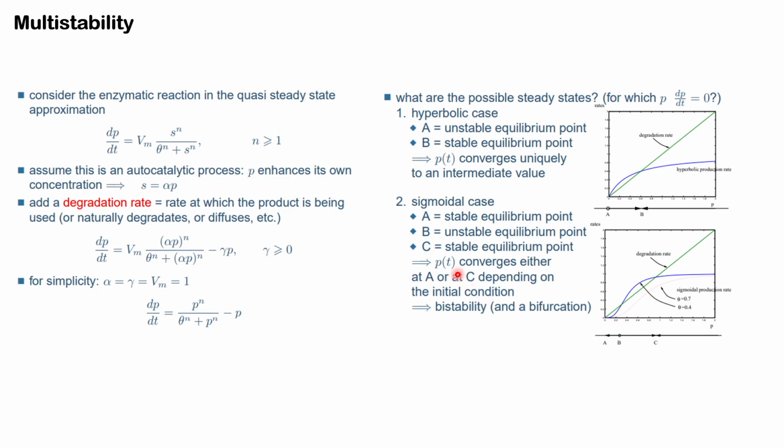And the value of P will converge to either C or A, depending on the initial conditions. And this is what is known as bistability. You have two stable steady states to which a point can converge. So you can have multi-stable states as well.